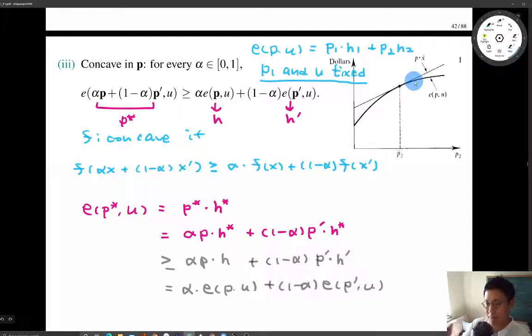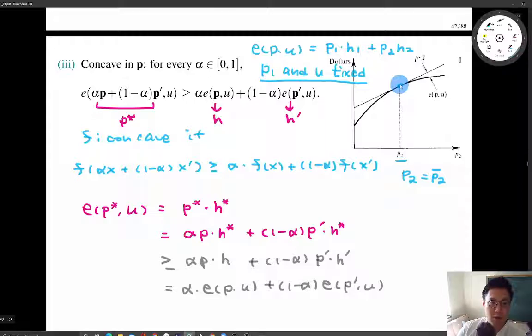That's the implication of a concave function. The expenditure function tells us that when P2 equals P2 bar, in order to attain U, the consumer has to spend at least this amount of money.